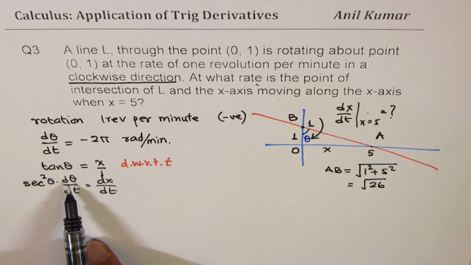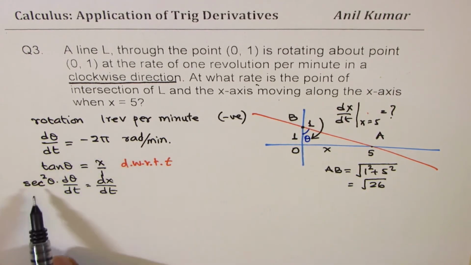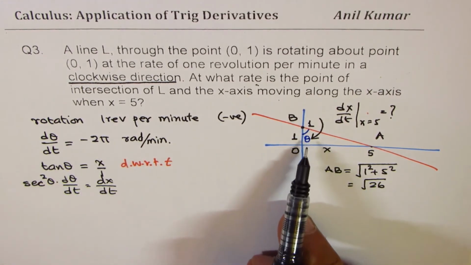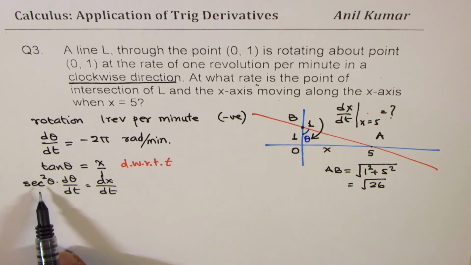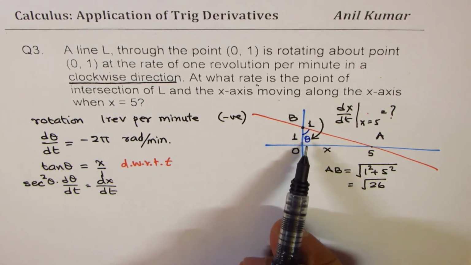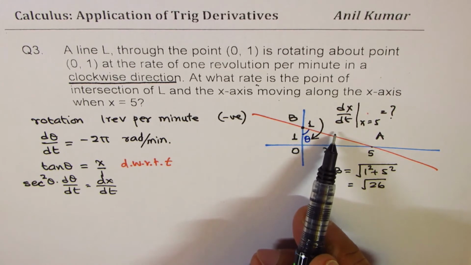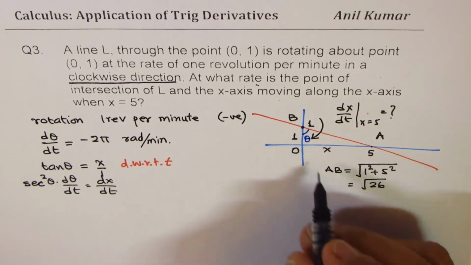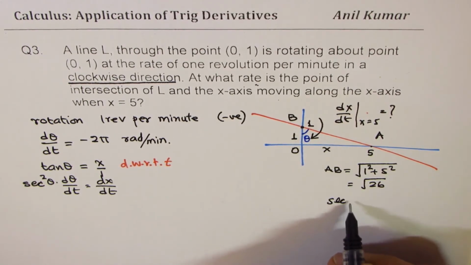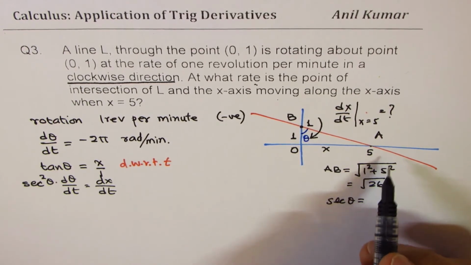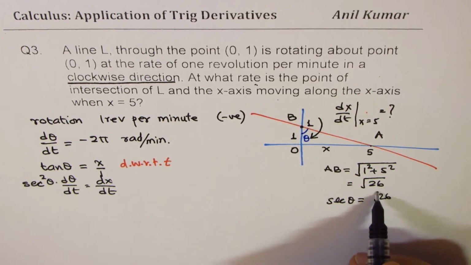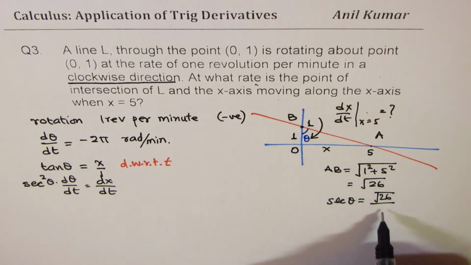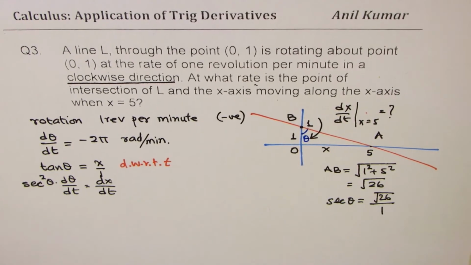We know d theta dt is minus 2 pi. And for the given angle theta, what is secant theta? Secant theta will be hypotenuse over adjacent side. In this case, the hypotenuse is square root 26 over 1, so secant theta is square root 26.